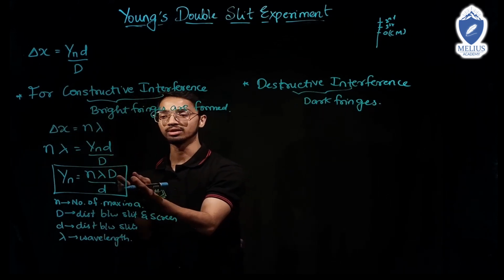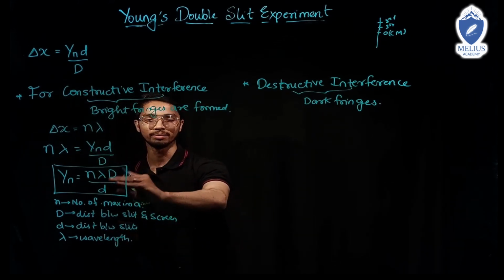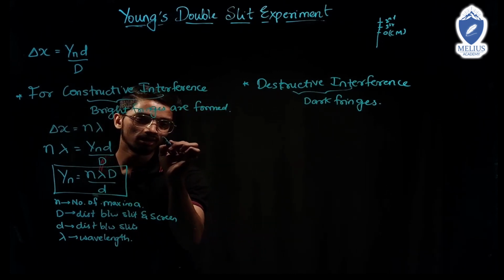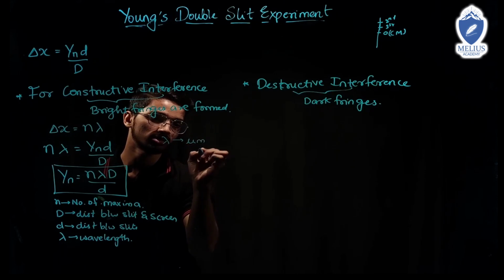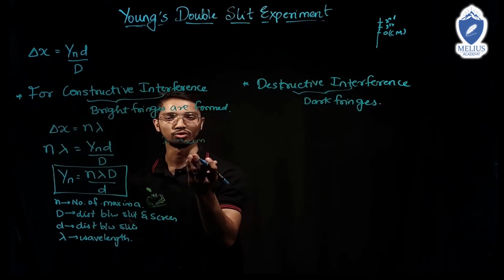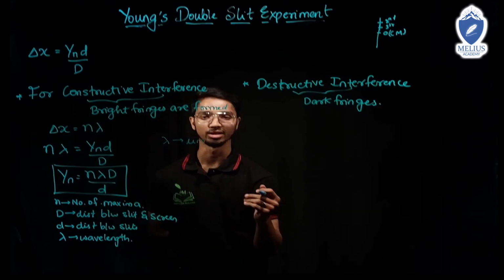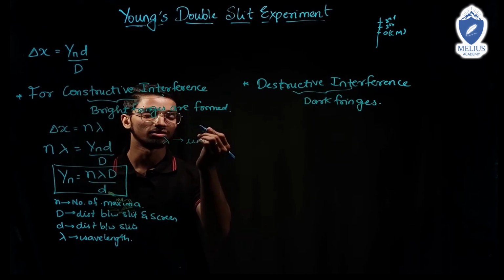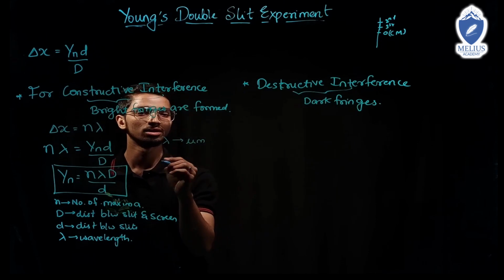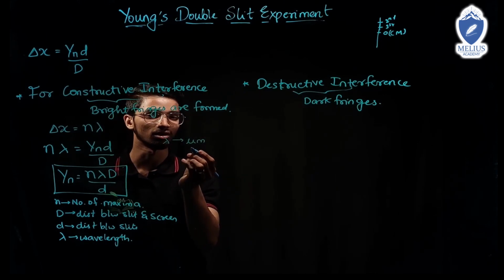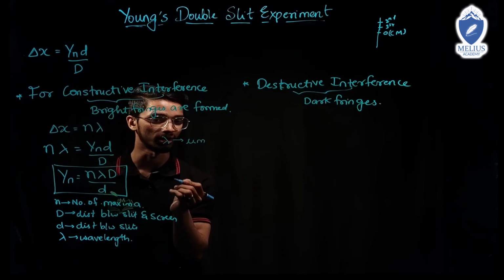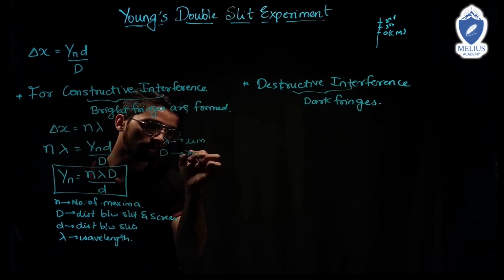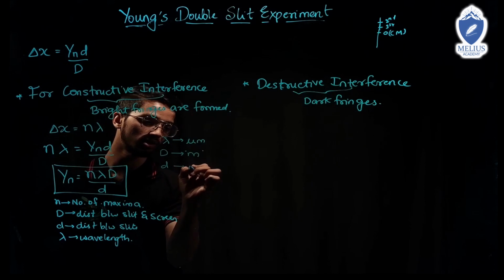Now how will we remember that capital D should come up and small d should come down? Lambda will be in micrometers or nanometers, right? 400 nanometer, 600 nanometer, or something like this. If we consider 400 nanometer, it will be 4 into 10 to the power minus 7, or we can write it as 0.4 micrometer. Capital D will be in meters and small d will be in millimeters.